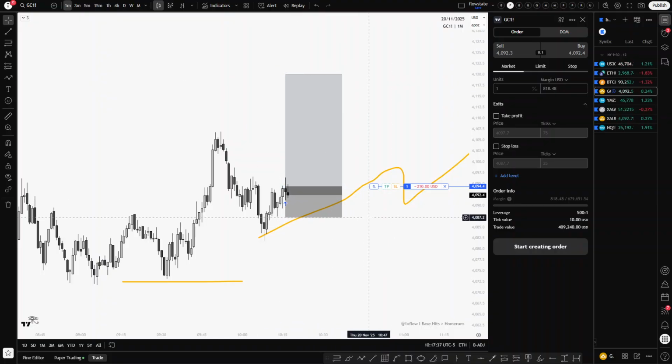What is this low? All right, that got sent. Let's see what she forms here, man.